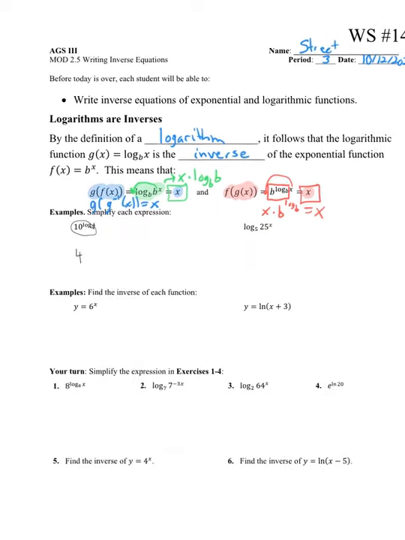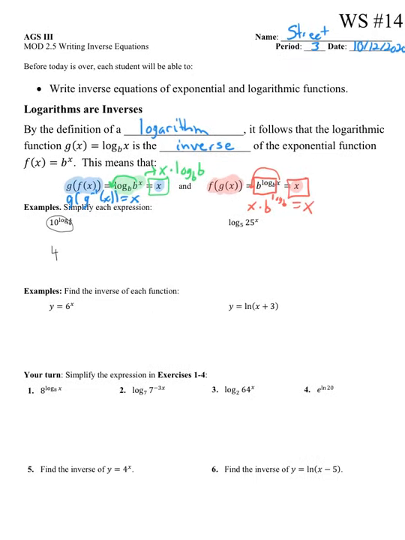On the second example, log base 5 of 25 to the x power. First thing I can do is drop the x out in front. So x times log base 5 of 25. And now, since I have log base 5 of 25, I have to try and match the base and the other number.